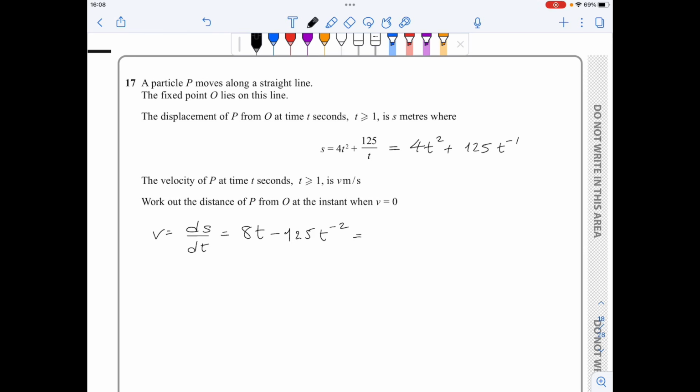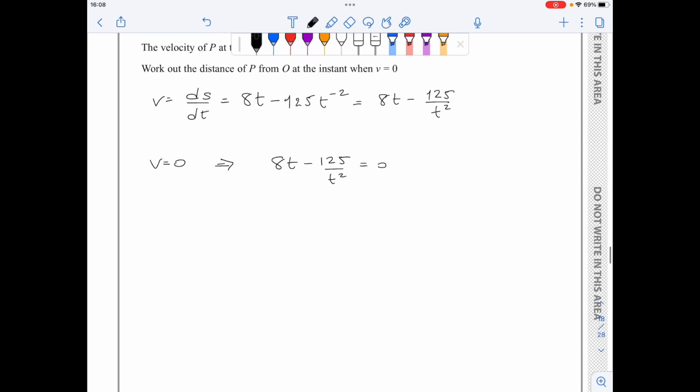Now I can rewrite this as 8t minus 125 over t squared. Now, if the velocity is 0, I'll have to solve 8t minus 125 over t squared equals 0. I'll take the 125 over t squared to the right, so 8t is 125 over t squared.